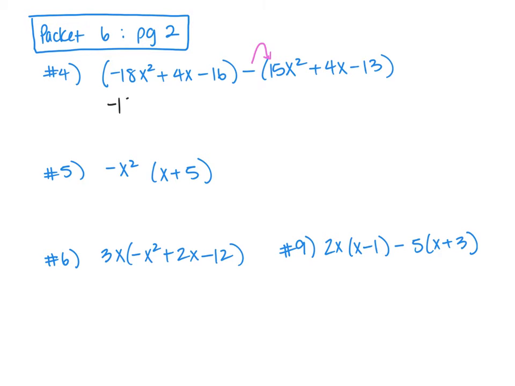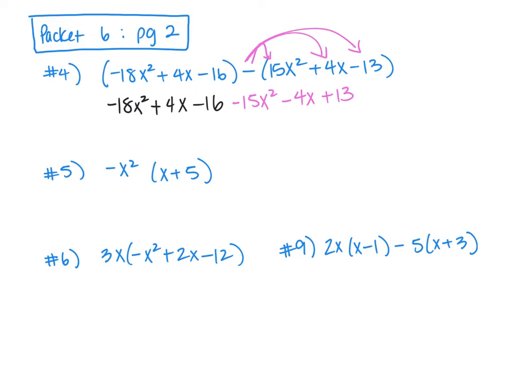Negative 18x squared comes down, plus 4x comes down, and negative 16 comes down, just because there's nothing in front to multiply in. This one here, I am going to distribute the negative sign, so I'll have a negative 15x squared, a negative 4x, and then a negative times a negative 13 makes a positive 13.